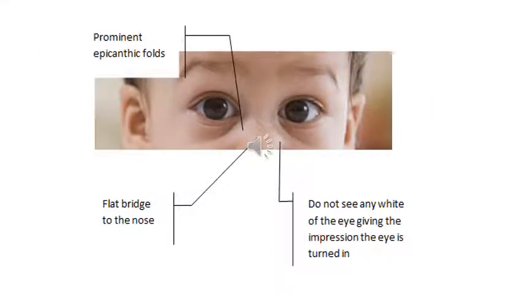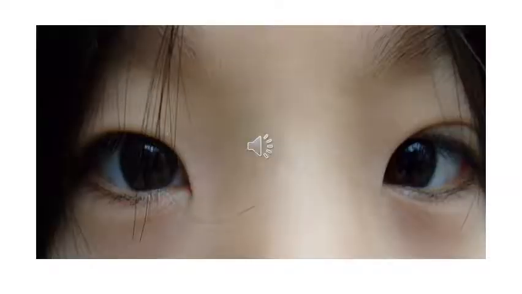This is another image of pseudostrabismus. You see there is a prominent epicanthic fold, there is a flat nasal bridge. This also gives an impression of pseudostrabismus, but there is really no strabismus here. The pupils are central and there is no deviation. This image is another example of pseudo-exotropia.